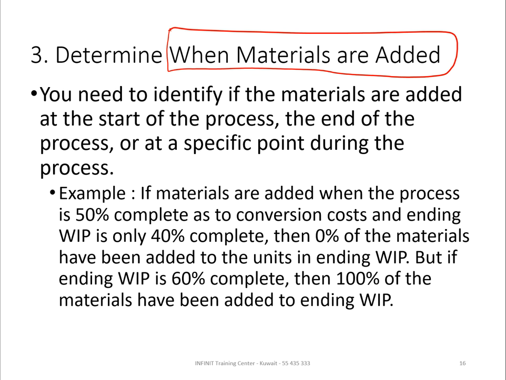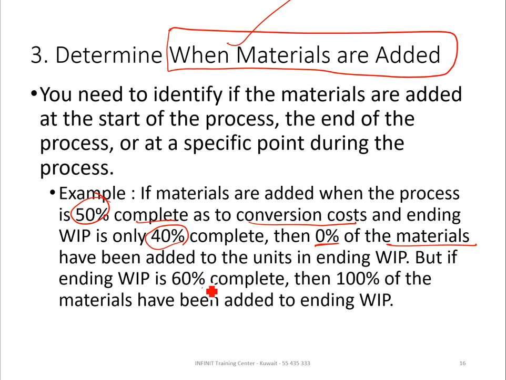So to determine if the materials are added or not, we should know when the materials are normally added. Here, say materials are added when the process is 50% complete as to conversion cost. When the ending work in process is only 40% complete, that means no materials are added.